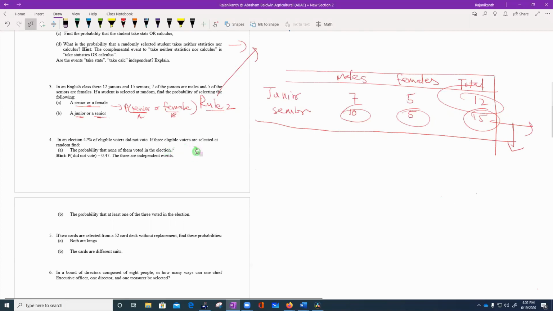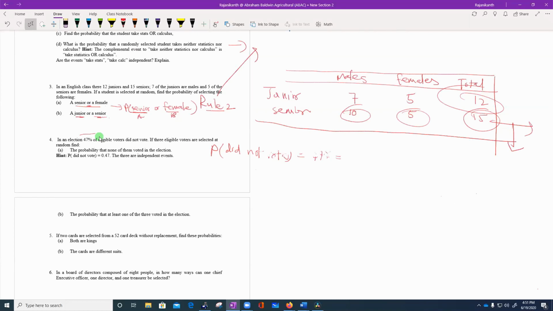But you know the chance now. There is a 47% chance the chosen one maybe did not vote. So the given information says the probability of a chosen one who did not vote is 47%.